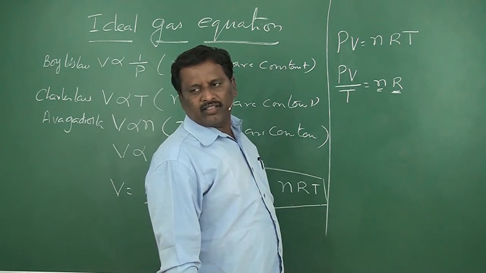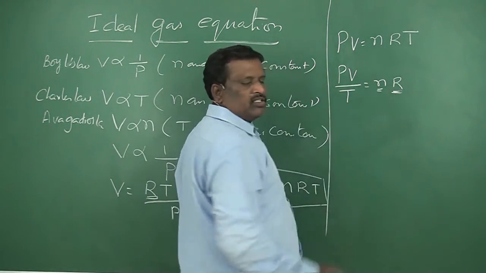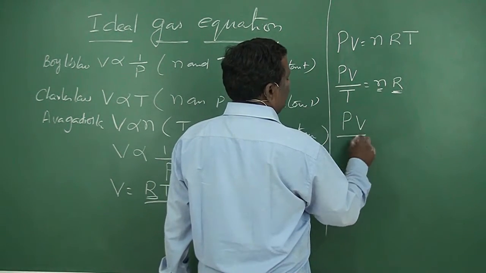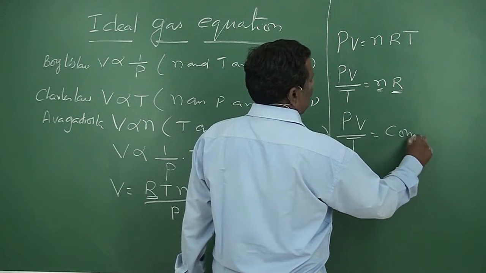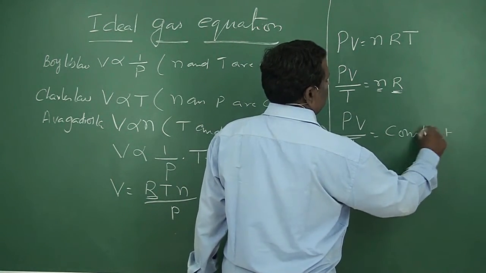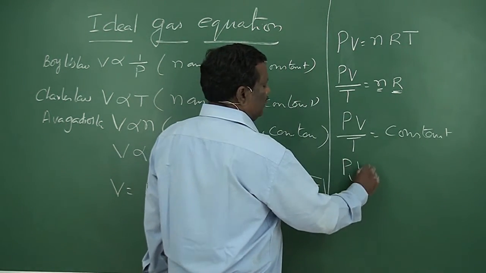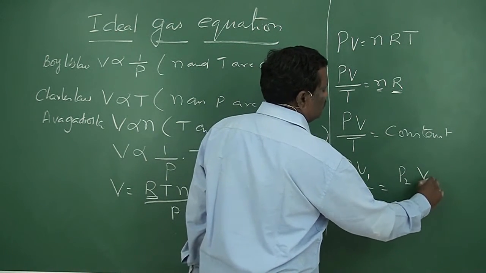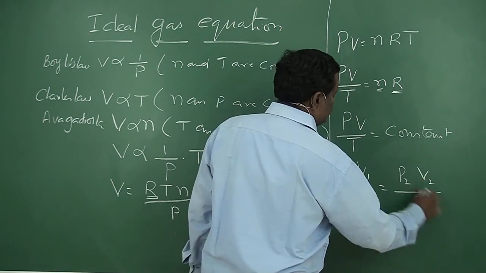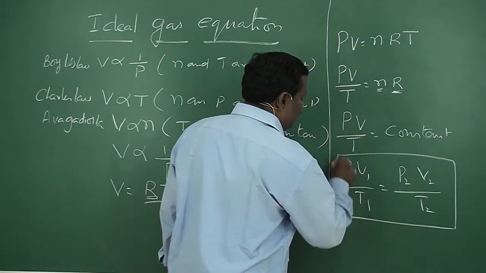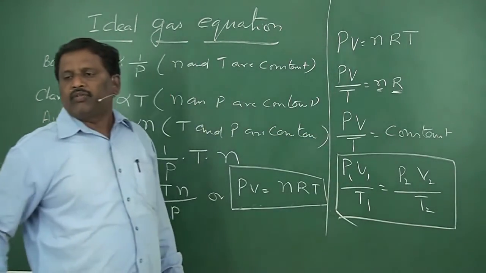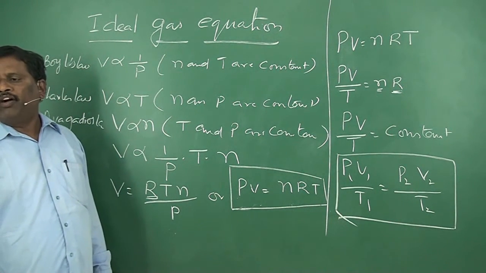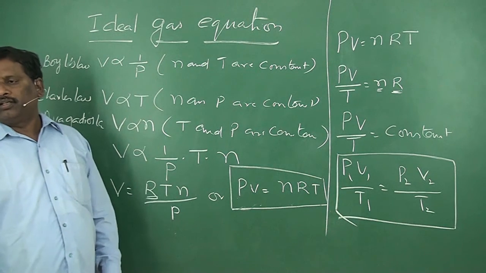So R is also a constant. Instead of two constants, you can take a single constant, then PV by T is equal to constant. Therefore, P1 V1 by T1 is equal to P2 V2 by T2. This is another form of ideal gas equation.